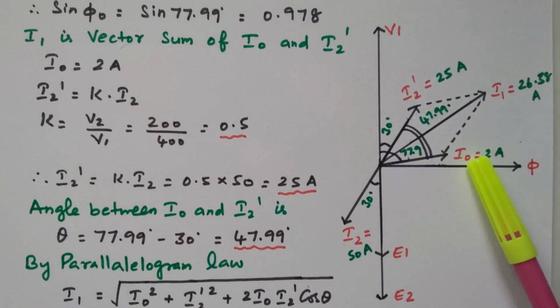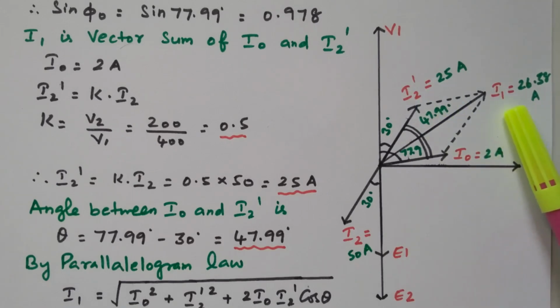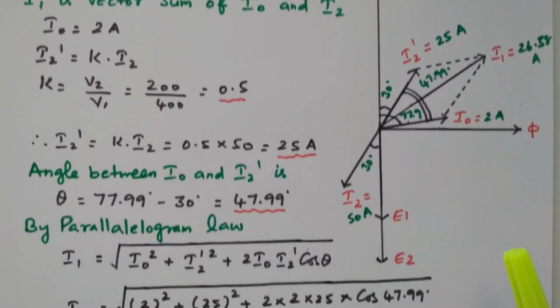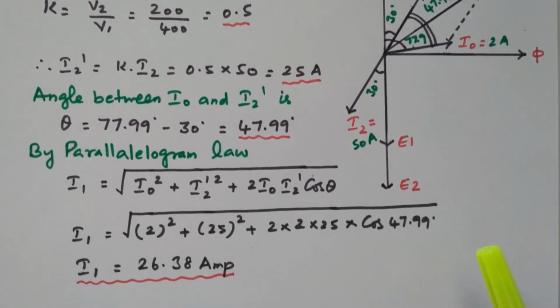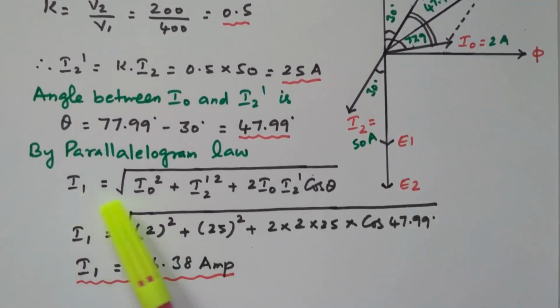So by using the parallelogram theorem, I1 equal to square root of I0 square plus I2 dash square plus 2 into I0 I2 dash into cos theta.